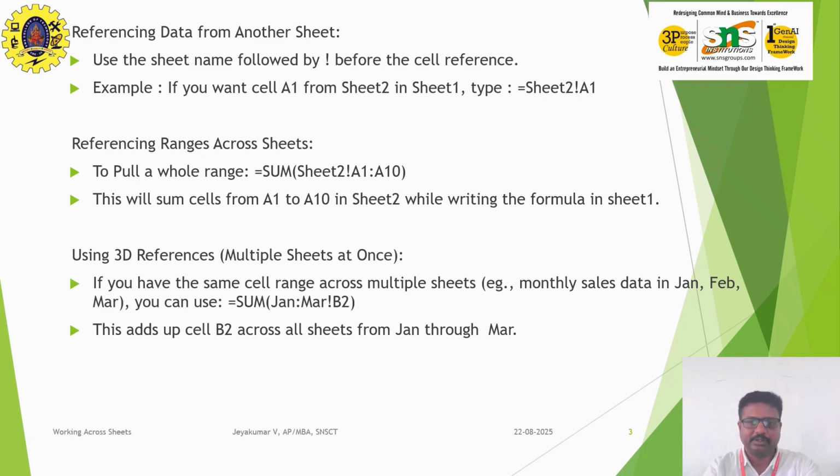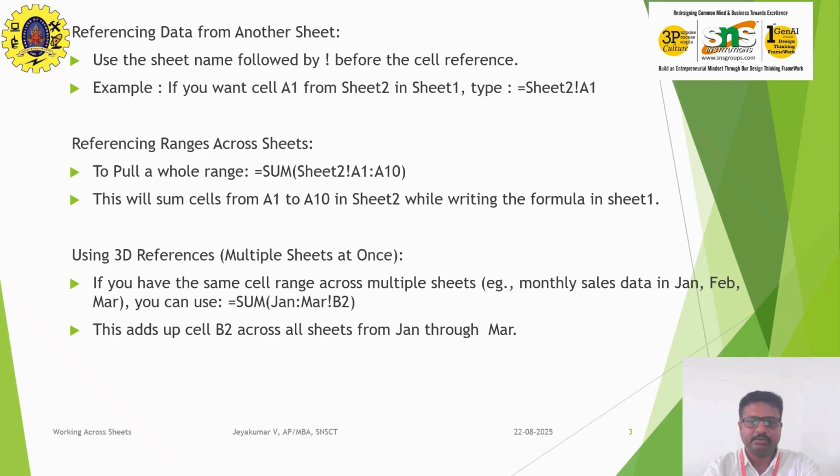For example, if you want cell A1 from sheet 2 to be used in sheet 1, then in the place where the data has to be used, you type equal to Sheet2, the exclamation symbol, followed by the cell reference, that is A1.